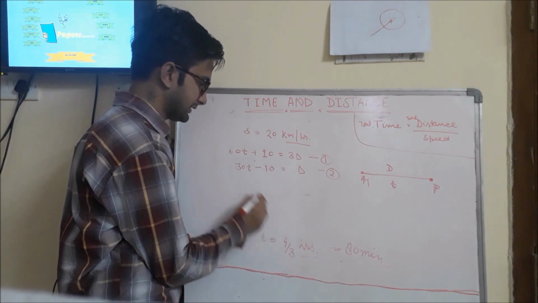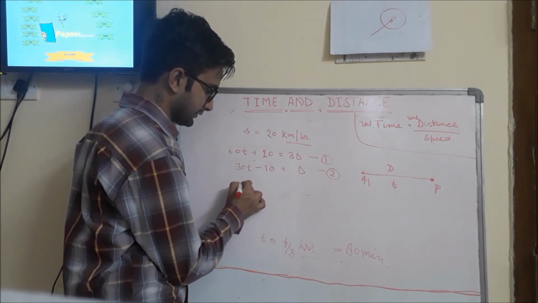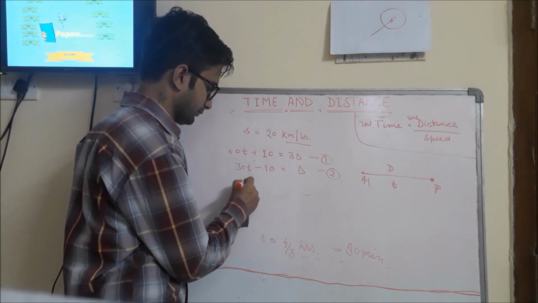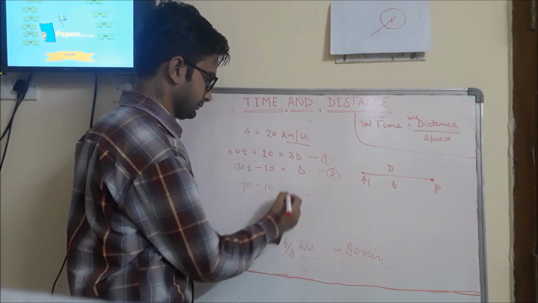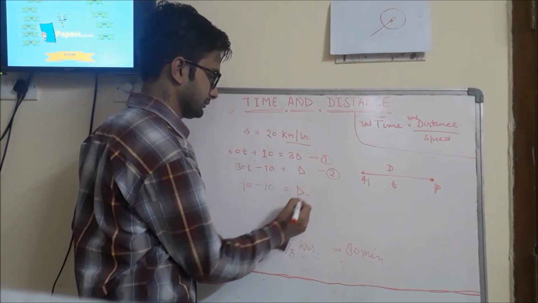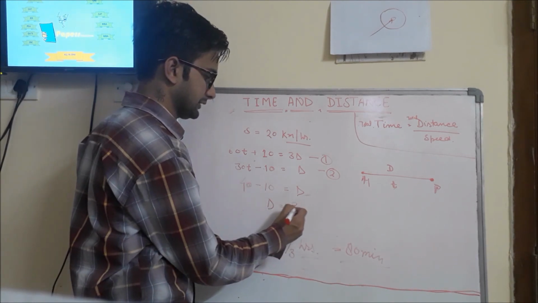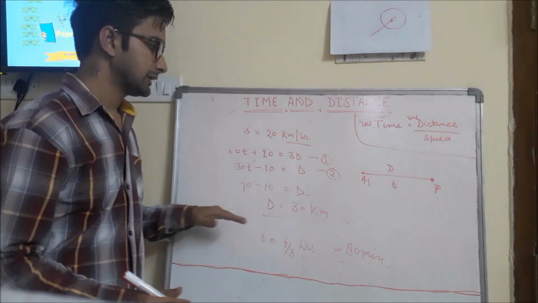So time is 4 by 3 hours, and if I put 4 by 3 here, it will be 40 minus 10 is equal to d. So d is simply 30 kilometers. That's all.